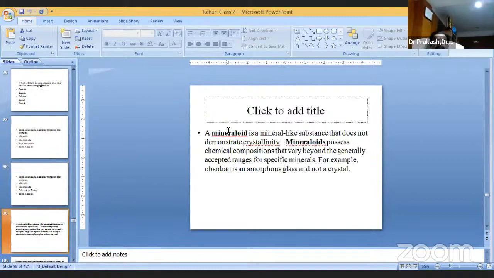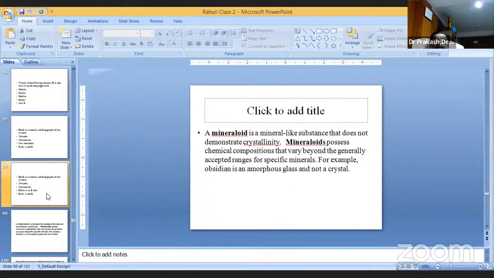So for explanation, a mineraloid is a mineral-like substance that does not demonstrate crystallinity. Mineraloids possess chemical composition that varies beyond the generally accepted ranges for specific minerals. For example, obsidian is an amorphous glass and not a crystal.